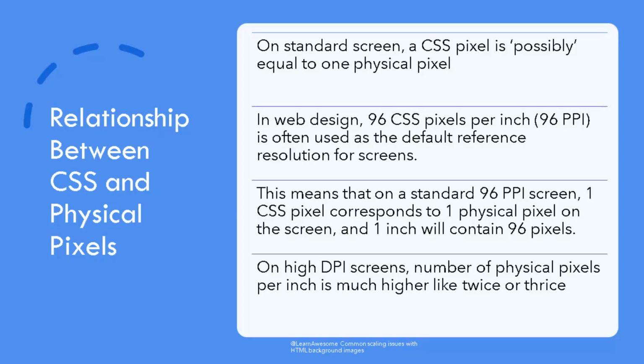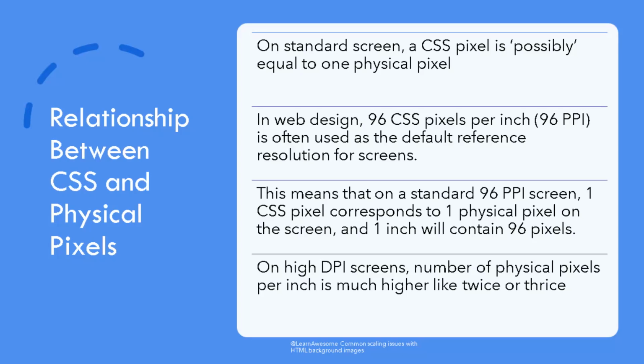The logical pixel corresponds to a standard web reference where 96 CSS pixels are supposed to occupy 1 inch. So when you define a width of 96 pixels in CSS, you're asking CSS to occupy 1 inch of a standard screen. And normal or standard screens are just that, 96 pixels per inch, where one CSS pixel corresponds to 1 pixel on screen and 1 inch contains 96 pixels.